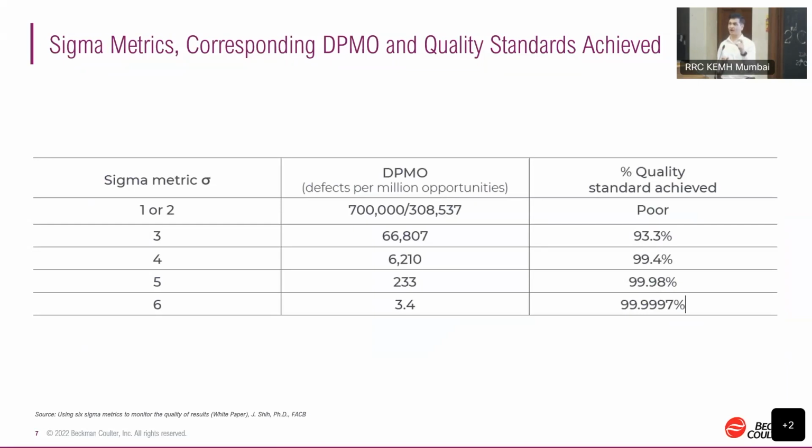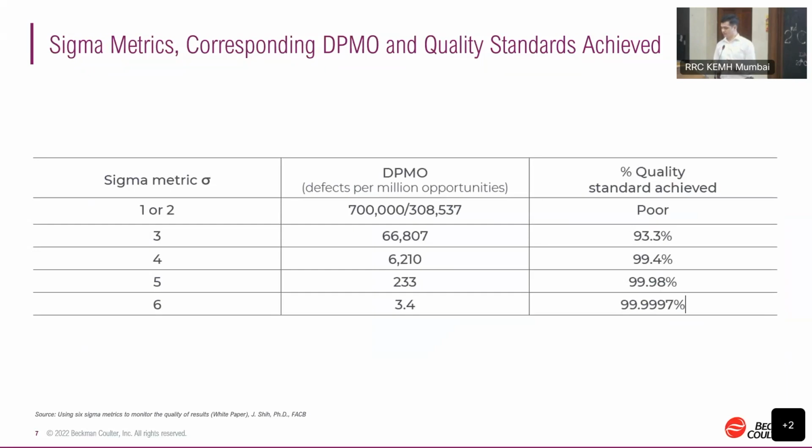You are likely to have 3.4 errors per million of sample size. That means approximately 1 error per 400,000 samples or events. That's the quality we are talking about. Then when you come down, the lower the sigma, the higher the likelihood of having errors. The higher the sigma value, the lower the likelihood of having errors.